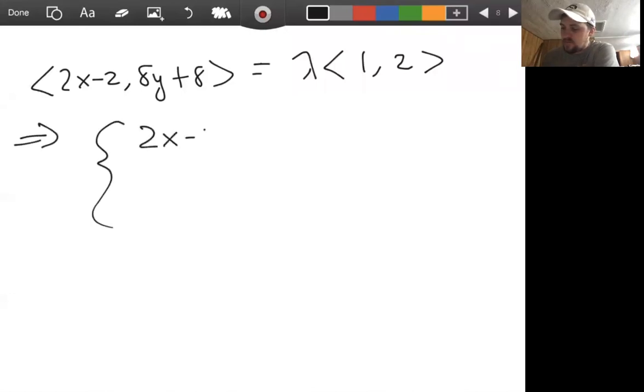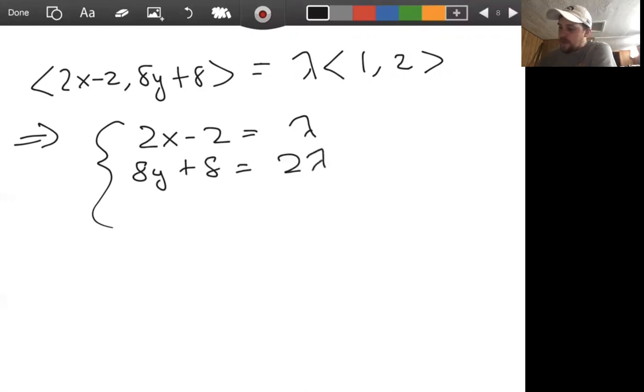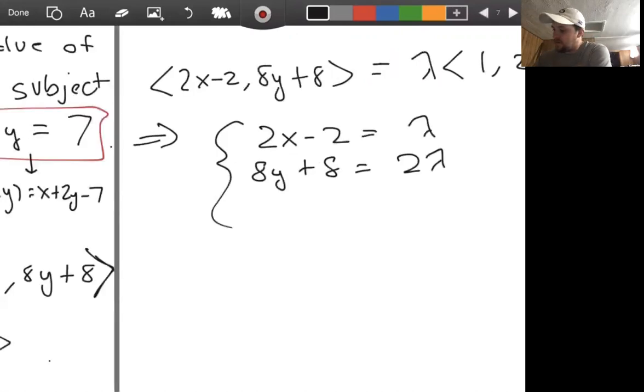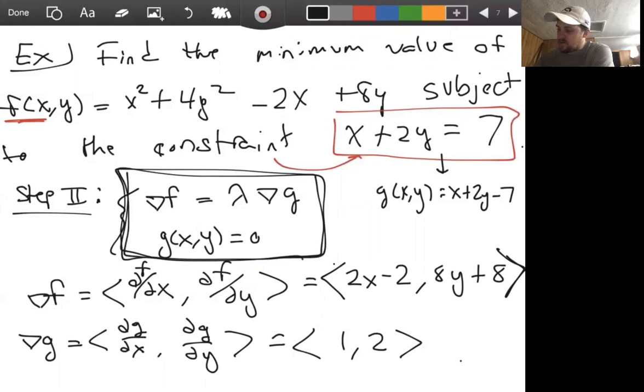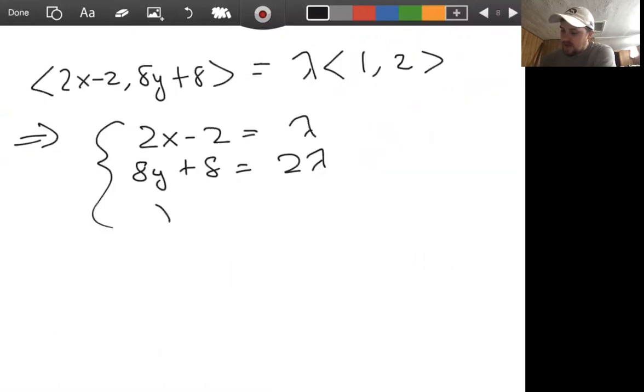We have 2x minus 2 should be equal to lambda, and then we have 8y plus 8 should be equal to 2 lambda. And then we also have that g of (x, y) should be 0. So we also have x plus 2y equals 7, right?